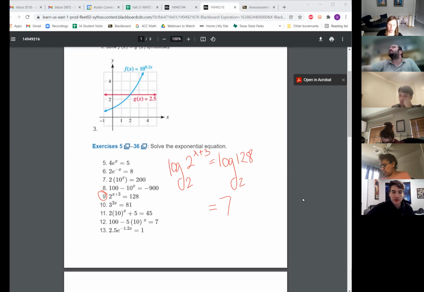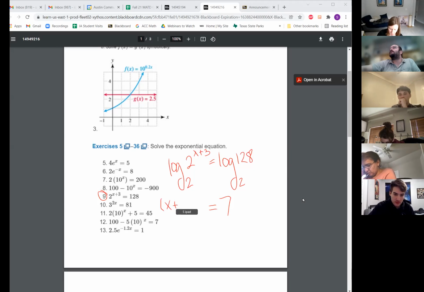Yeah, we're still trying to figure out how to do these. I just kind of looked at it and saw that. And then what would happen on the left? The log base 2 of 2 to the x plus 3, what would happen with that? You put the x plus 3 on the side, so it'd be x plus 3 times log base 2 of 2.